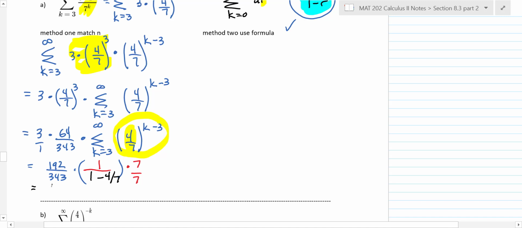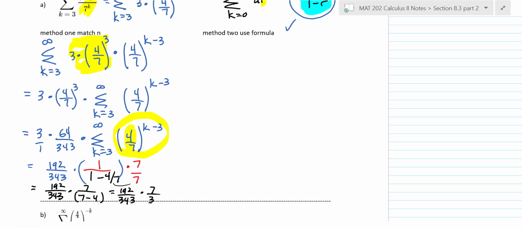So I'll have 192 over 343, and then 7 times 1 is going to be 7, and then down at the bottom, 7 times 1 is 7 there, and then when you do this times this, the 7s are going to cross out, leaving a 4, so you're going to have 192 over 343 times 7 over 3, like that, okay? Then you can go through and just multiply out the fractions, and then you'll have what that value is.